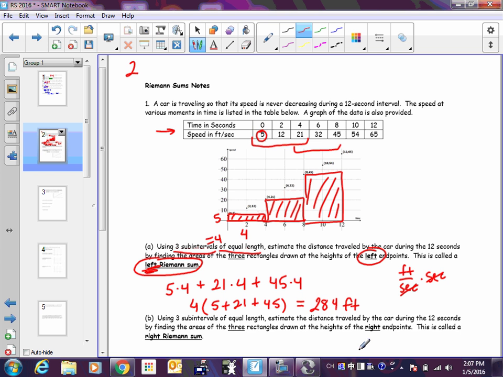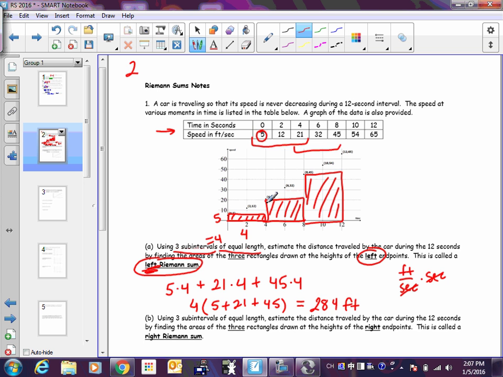Now, thinking back to the question from the gorilla problem, do you think this is a good answer that represents the true distance this car traveled? Like in the first 4-second interval, is it accurate to say that the car traveled 5 feet per second the whole 4 seconds?